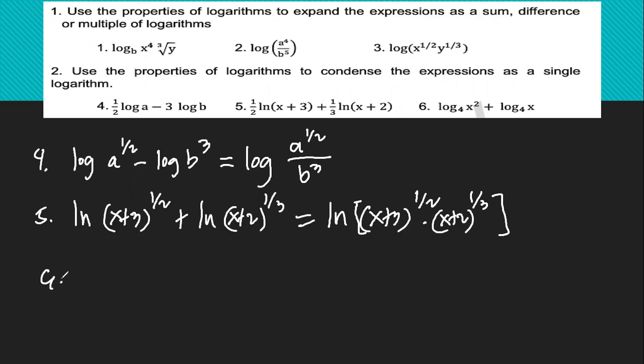So then number 6, you have now log. So automatically, you can combine them directly because they have the same base, both positive, so they can be written in the numerator, both of them. So log of x squared times x base 4. So you can simplify it, it can be log of x cubed base 4.